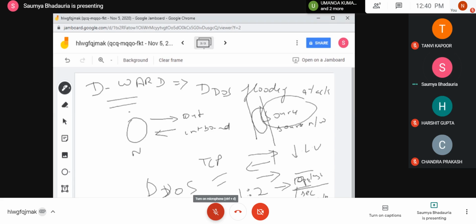So there can be a case where your client is sending packets to the server at some rate n, and the reception rate of the server is not equivalent to n. It might be higher than n and it might be lower than n.